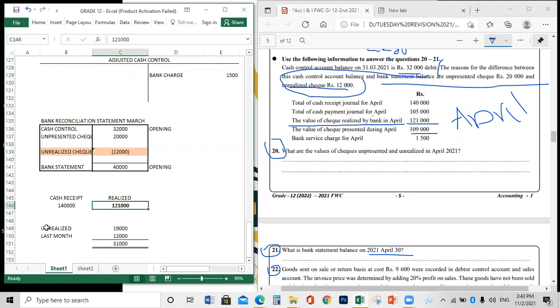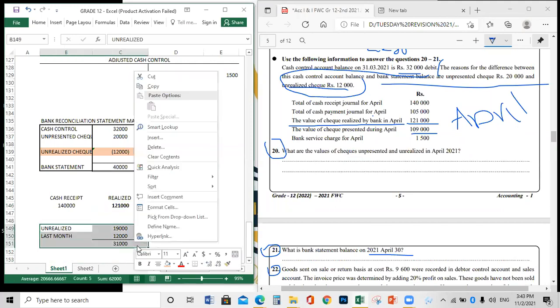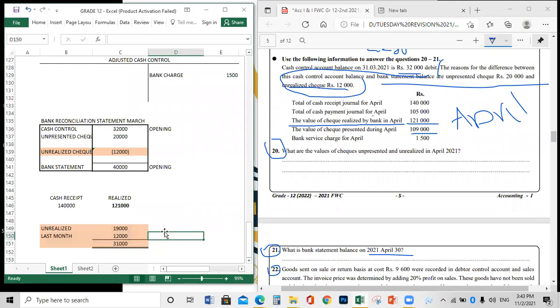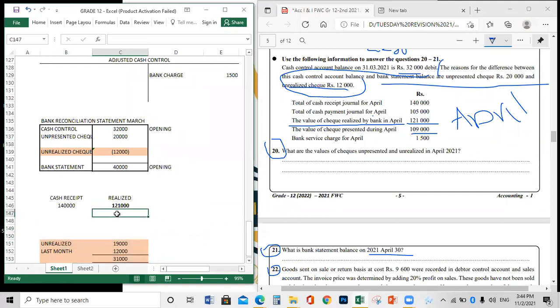You can either do it like this, or I will tell you another method. There is 121,000, right? From this you can take out the last month 12,000, because last month's 12,000 was realized this month. Then you will get the realized amount only for this month.